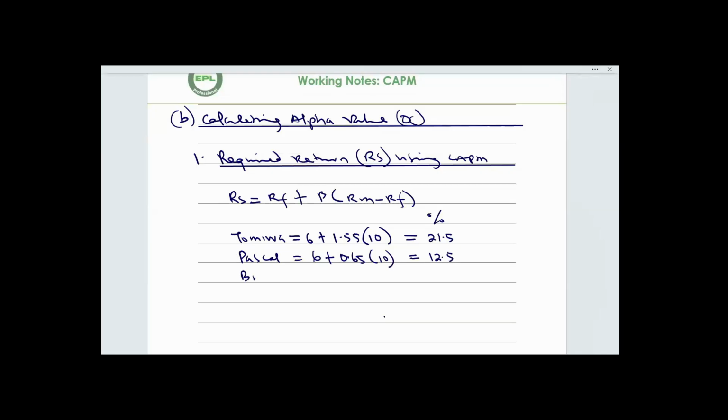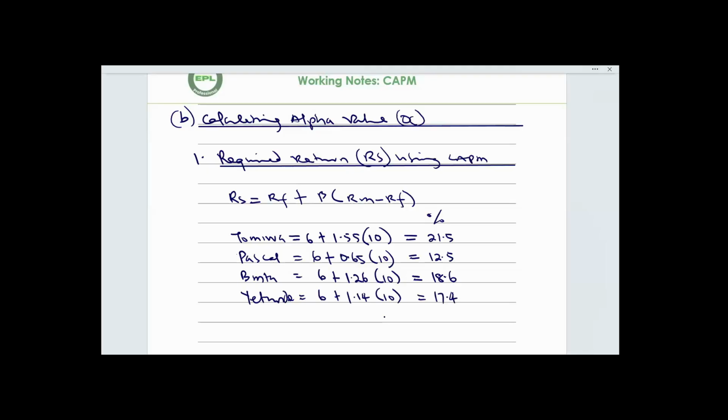Then Binta: 6 plus, what's the beta factor of Binta? 1.26. 1.26 into 10 should be 18.6, right? Yes, sir, 18.6. Then we have the last one, Yetunde: 6 plus beta of Yetunde, 1.14. 1.14 multiplied by 10. So what do we have? 17.4.